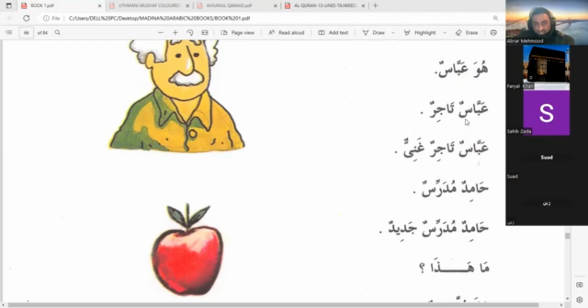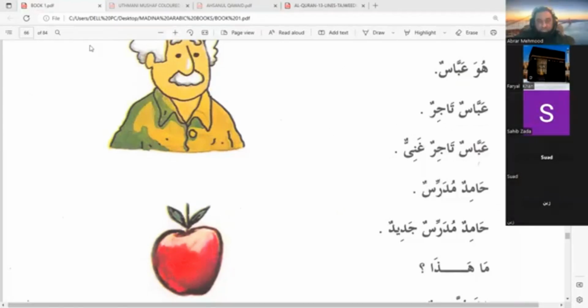No. Are you sure? Well, you look at the first word. So we have Abbasun Tajirun. So both have a double rafa. So are they the same harakat? Yeah. Same haraka. Exactly. Okay.